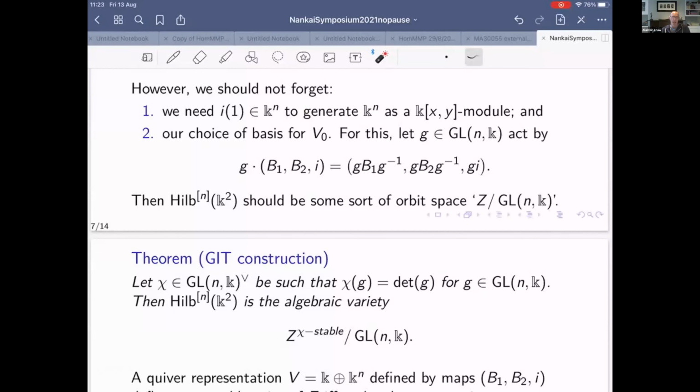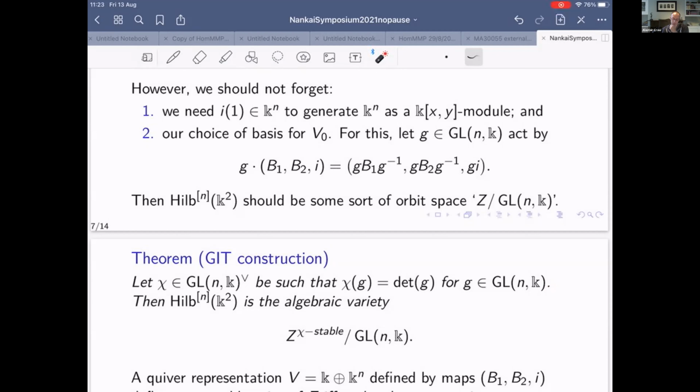In fact, this is the first theorem. This is the construction of the Hilbert scheme of points as an algebraic variety. So when I've got a group, a reductive group, certainly GL_n, acting on an affine scheme, I can create quotients using geometric invariant theory if I choose a character of the group. And here I'm giving you an explicit character.